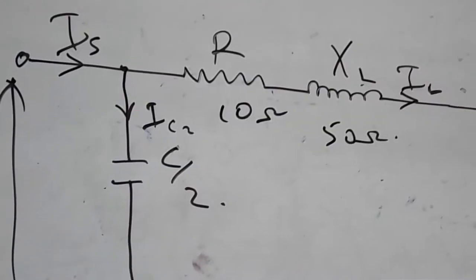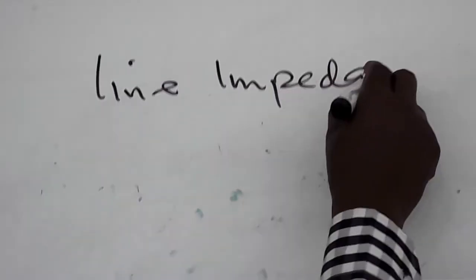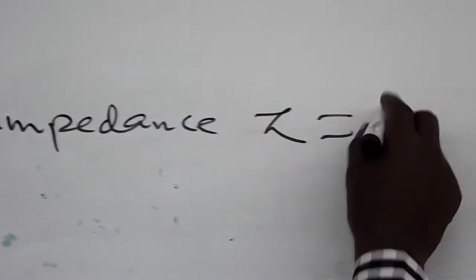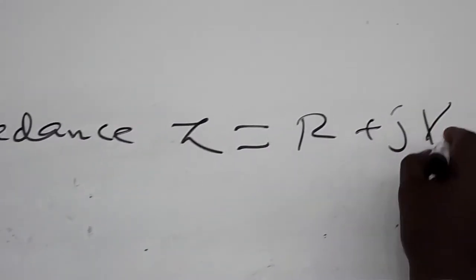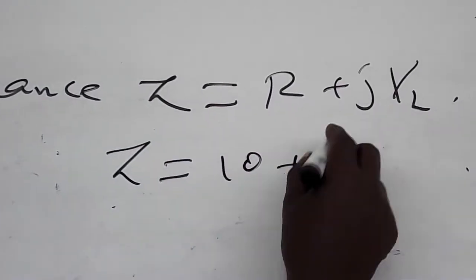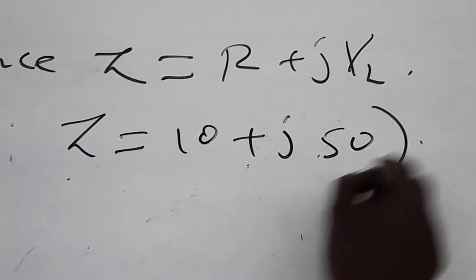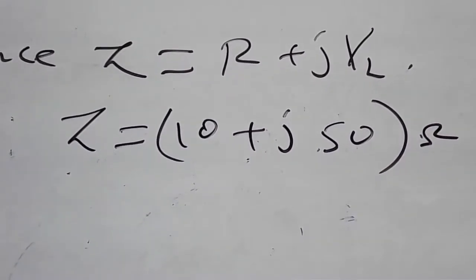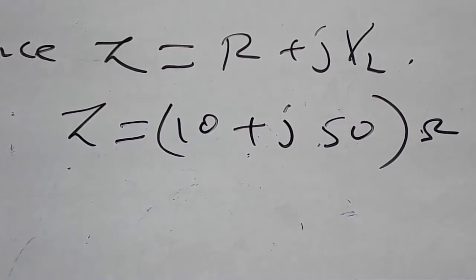Line impedance Z is equivalent to R plus jX_L, and that will be equivalent to 10 plus j50 ohms. This one is in rectangular form.